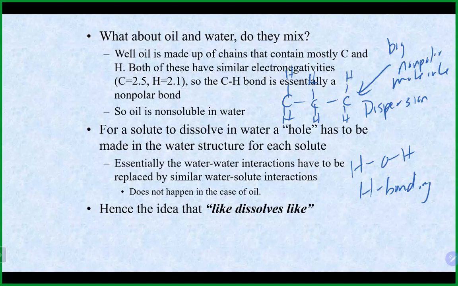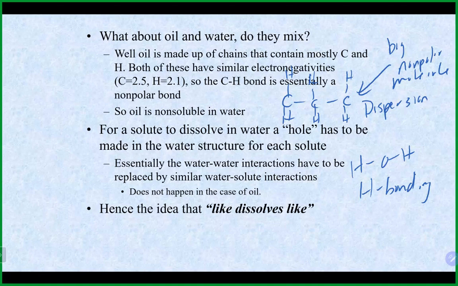So when we talk about solubility, it really boils down to the idea of what is referred to as like dissolves like. Like dissolves like means that things that have similar intermolecular forces with how they work with themselves will be soluble in other things that are using the same intermolecular forces.